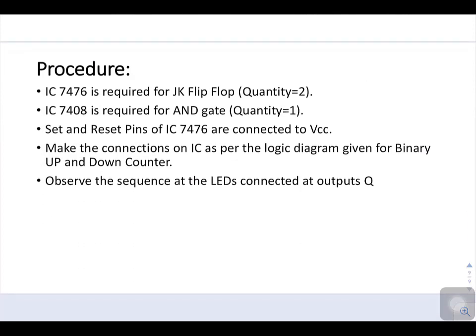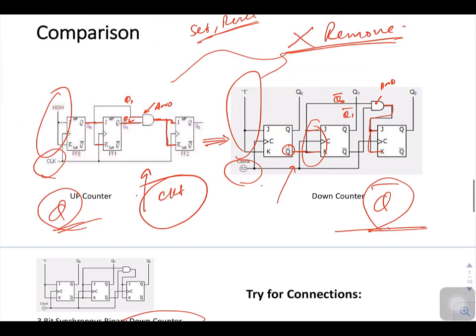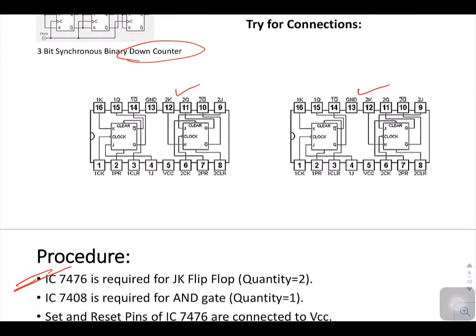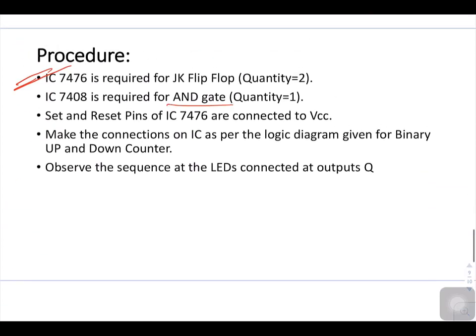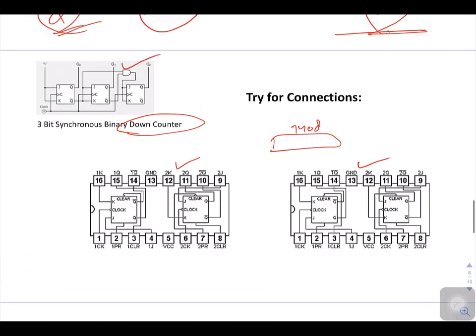So very quickly I will tell you the procedure of how to do it. We need two ICs of 7476 to do this practical, and plus you need one IC of an AND gate over here. You need one more IC, that is 7408, to perform this AND operation.